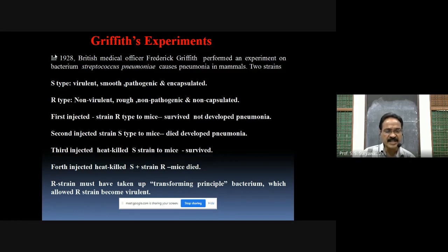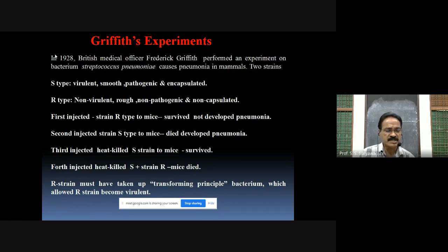This type of bacteria is encapsulated, that means a coating is there. We know tablets and capsules, the same meaning is here: a capsule having an outer smooth coating. So this is the first strain, the S strain, which causes the disease pneumonia, and it is a pathogen.